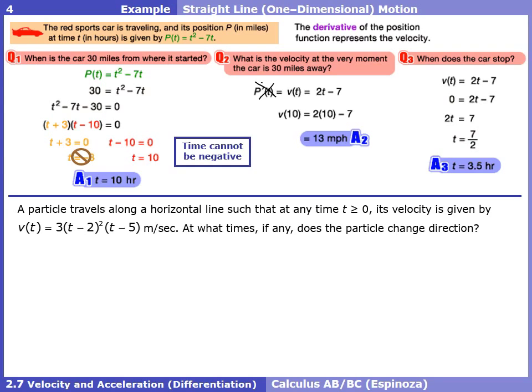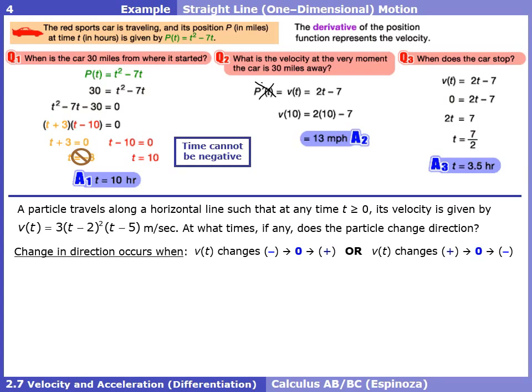A couple slides ago, we tracked this particle in a table to see what was happening, and we noticed something. A change in direction occurs only when velocity changes from a negative to a positive. In other words, it stops. It has to stop to change from a negative to a positive, or vice versa, if velocity changes from positive to 0 to a negative.